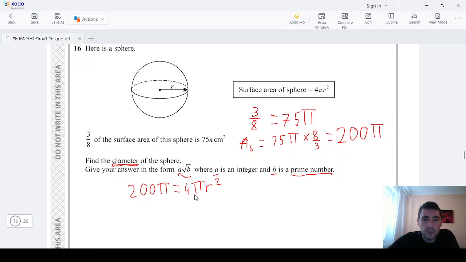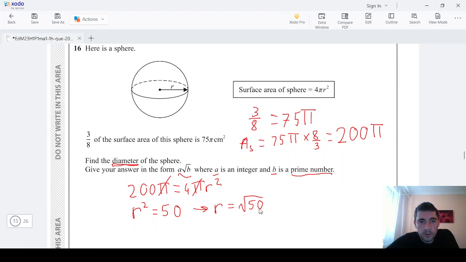To work that out, we just divide by pi, canceling pi on both sides, then divide 200 by 4, which is 50. So we know that the radius squared is equal to 50. Now take the square root on both sides, which will give us radius equals square root of 50.